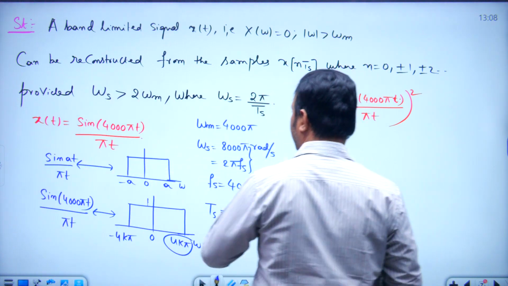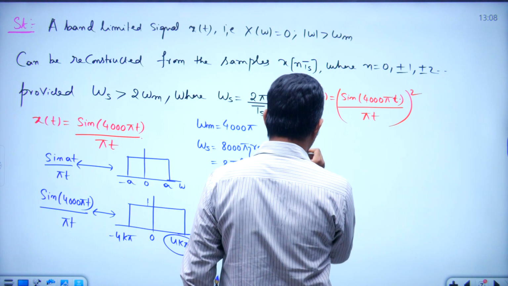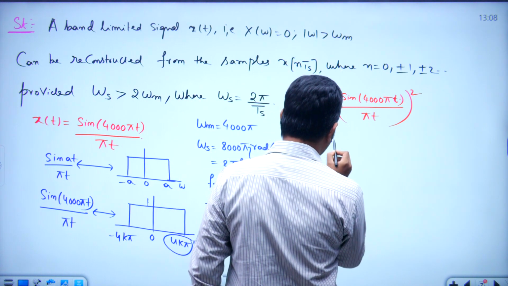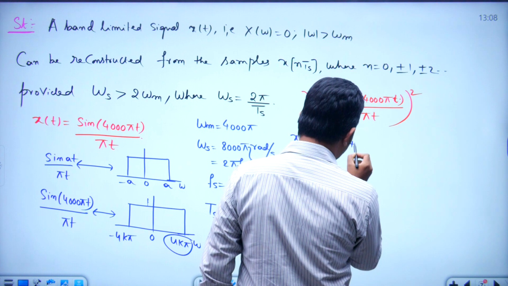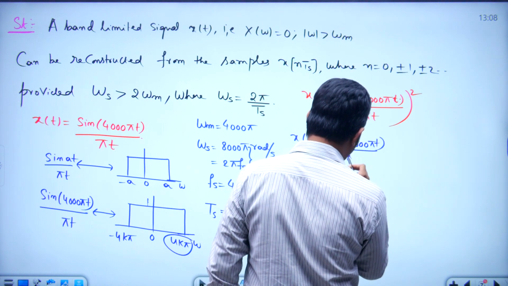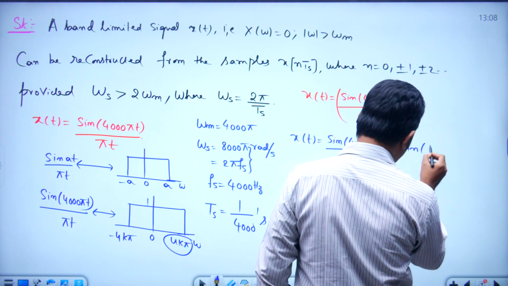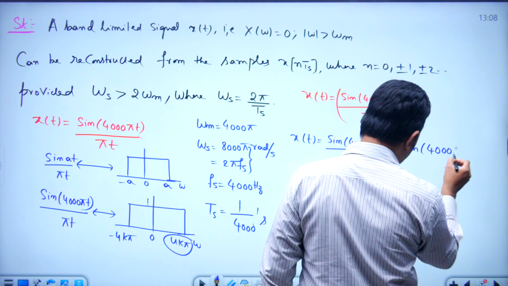Now how you are going to get the Nyquist rate and Nyquist interval? x of t, how can I write this one? sin 4000 pi t by pi t multiplied with sin 4000 pi t by pi t.